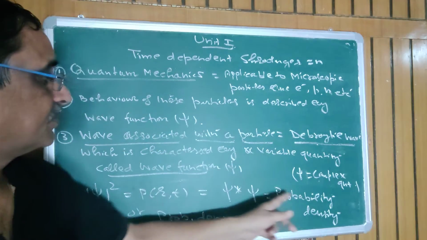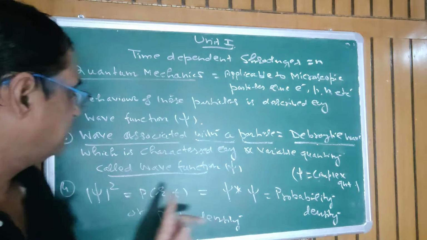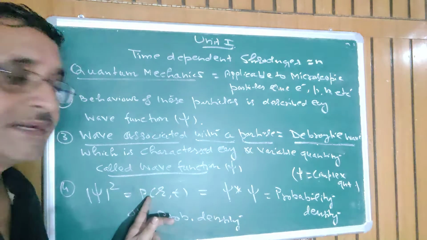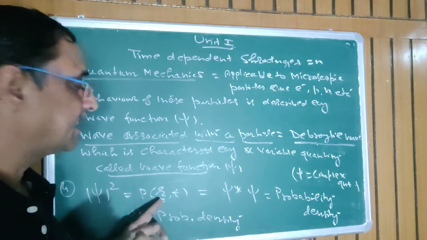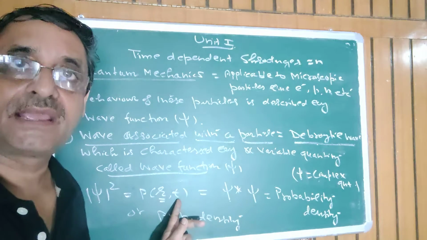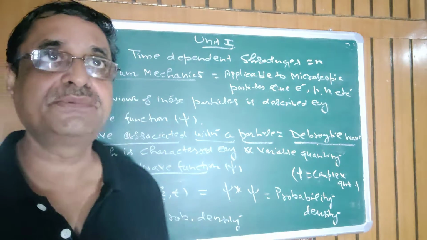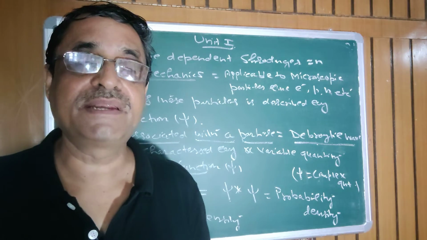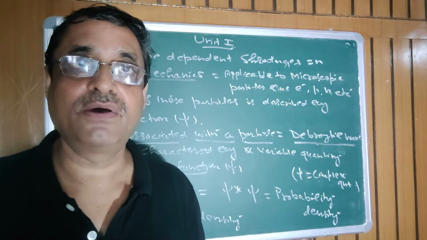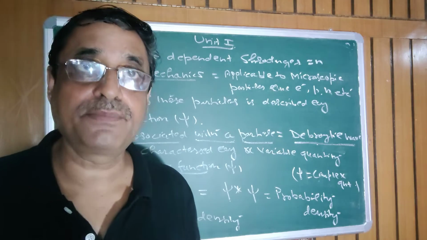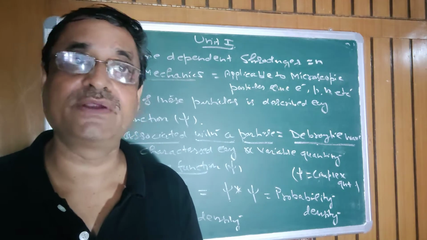And this is called probability density. So P(r,t) means probability density. r means at any position, t means at any time. At any place, at any time, the probability density is the probability of finding a particle at that point at any given point of time.